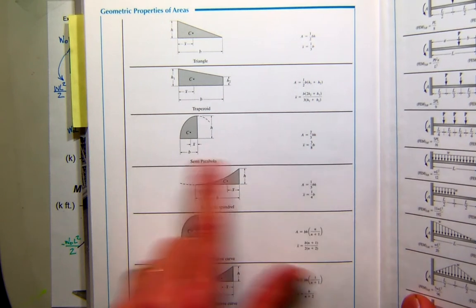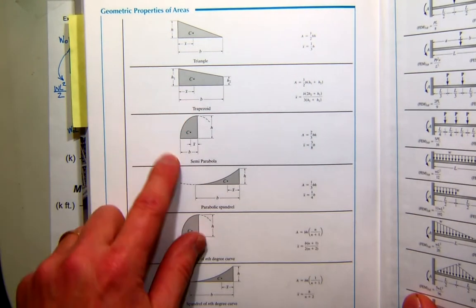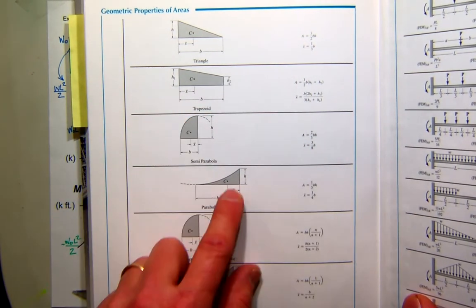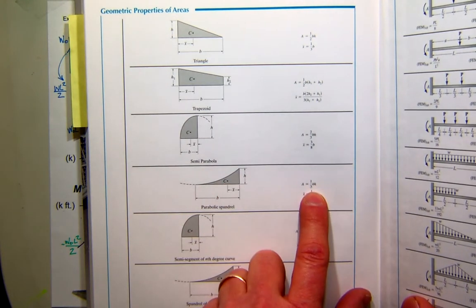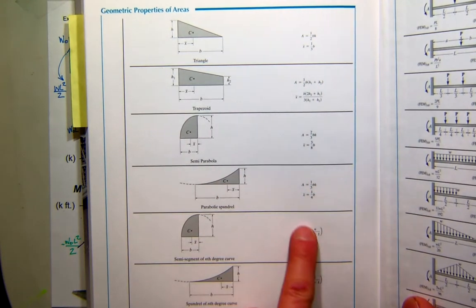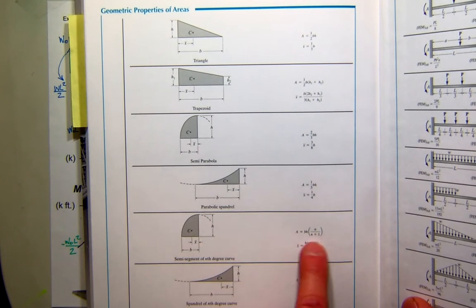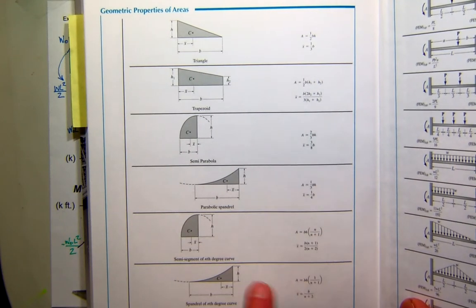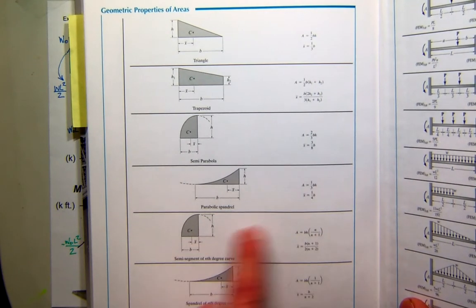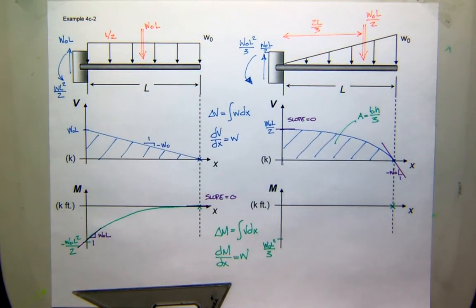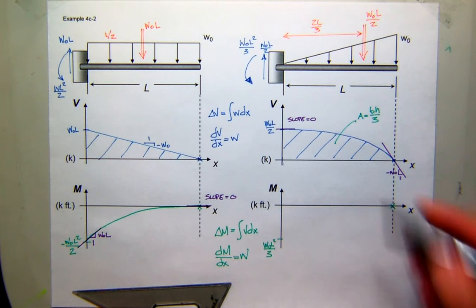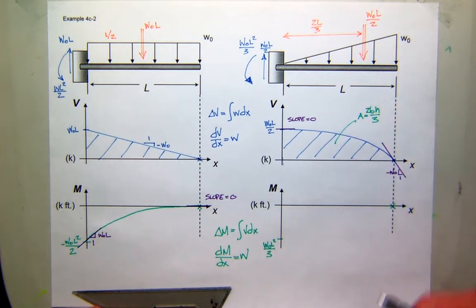If you were to make this a rectangle, the remaining part would be called a spandrel, and that's 1/3. It also gives you the formulas for any higher order, where n is the order of the curve. Hopefully we won't get to too many of those, but you might find this part useful. That's in the back flap of your book. So this is actually 2/3 base times height.